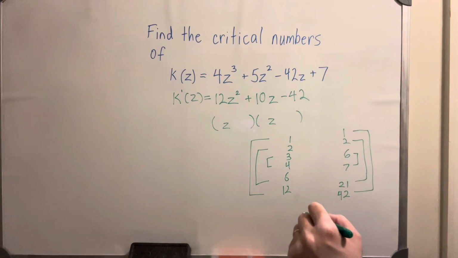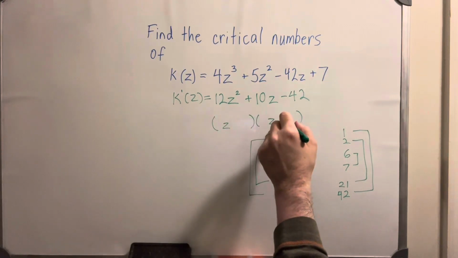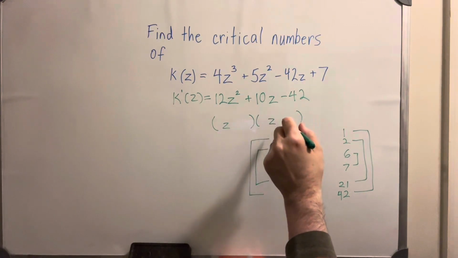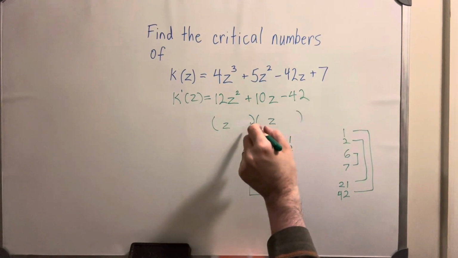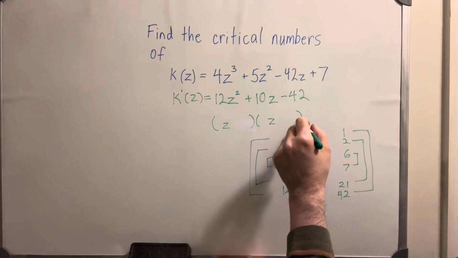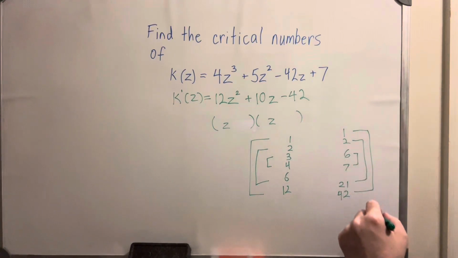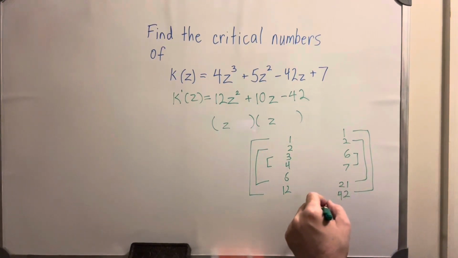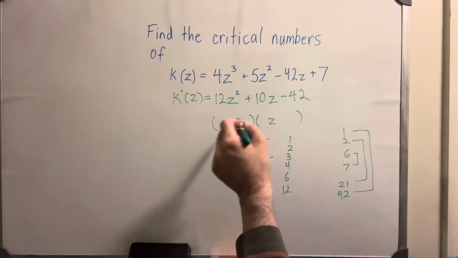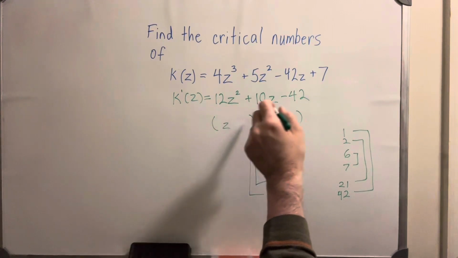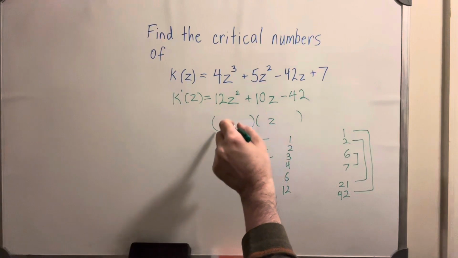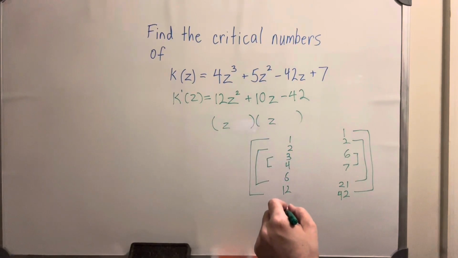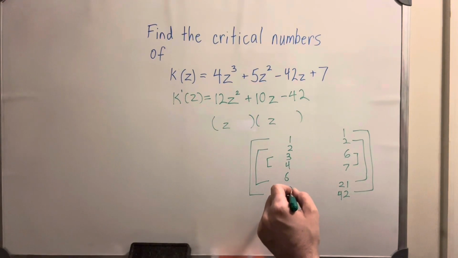So I look at these and I say to myself, these two have to multiply out and be 12. These two have to multiply out and be 42. But as far as the first and last, the outer and inner products have to add up to 10.